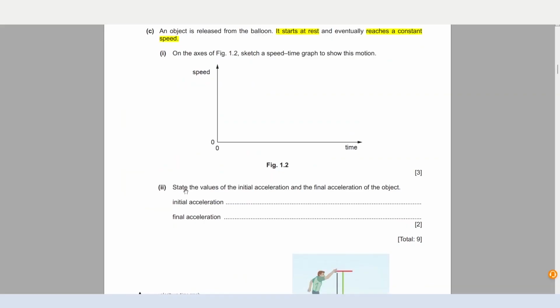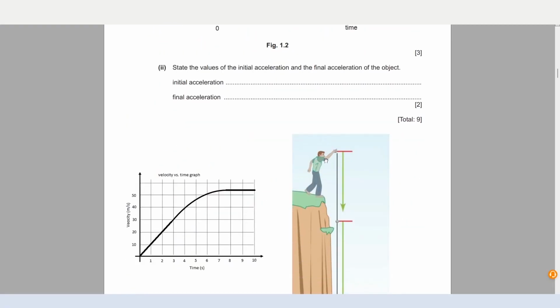Part 2 says state the values of the initial acceleration and final acceleration of the object. As you know, when a person is holding an object, for example in this case a stone, the force acting on the stone is the pull of gravity, which is 9.81.